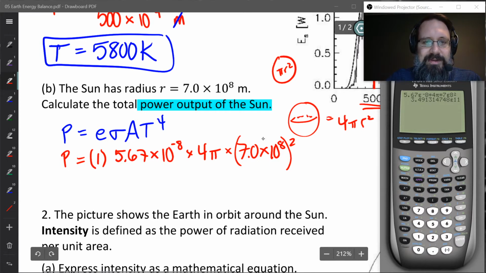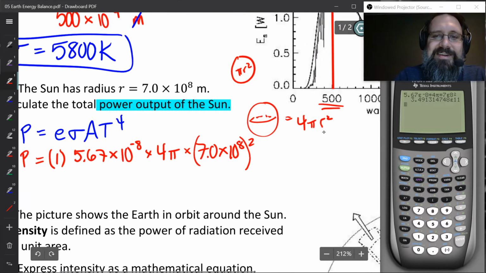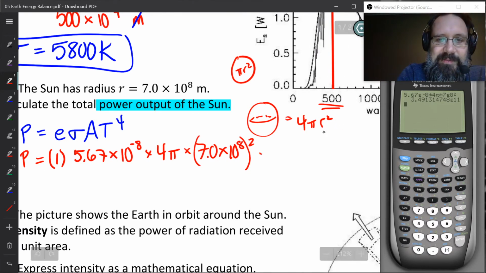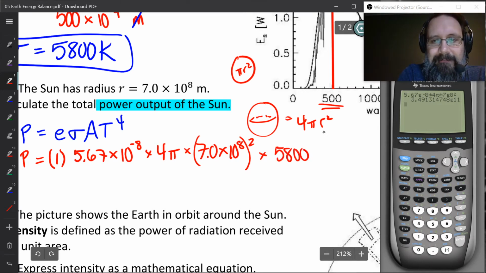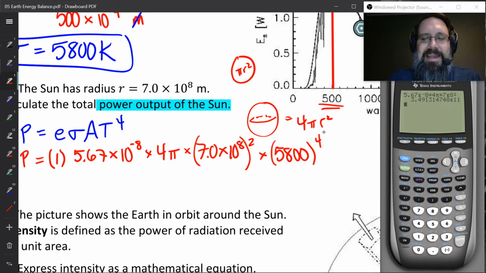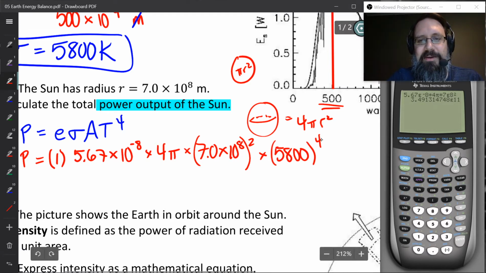What did I do wrong? Oh, I forgot to multiply by the temperature to the 4th power. So I have to multiply by the temperature, which we had as 5,800, to the 4th power. I'm going to put that in parentheses so it doesn't look like 58,004, but like 5,800 to the 4th power.